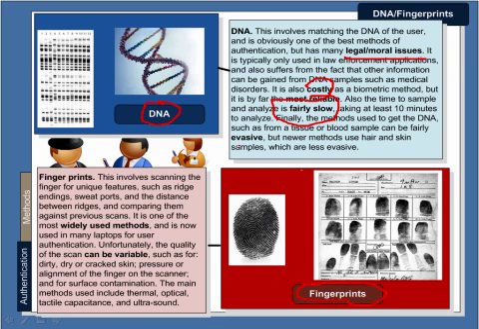It is also invasive, but new methods include hair and skin samples, which tend to be less invasive. Fingerprints is now one of the most widely used methods of authentication and are typically seen in notebook logon systems. Unfortunately, the quality of it can be variable, especially if there is dirt on the scanner or if there is dry or cracked skin.